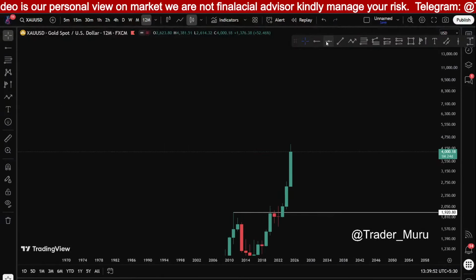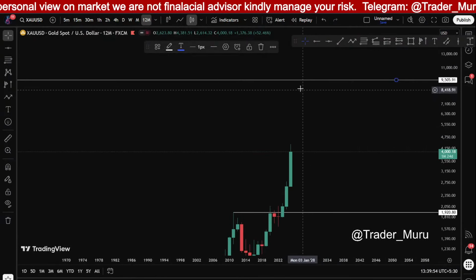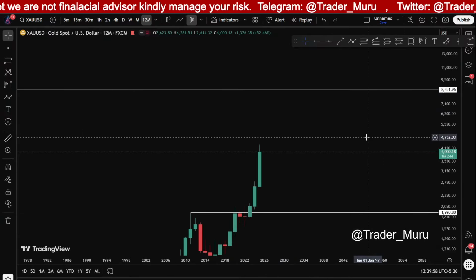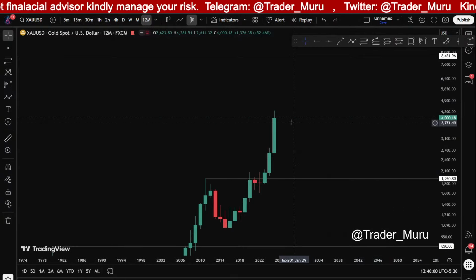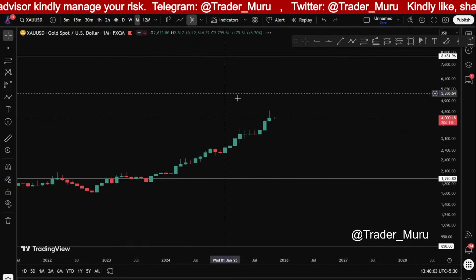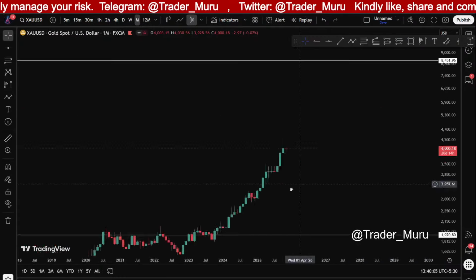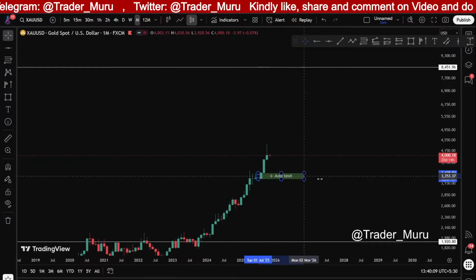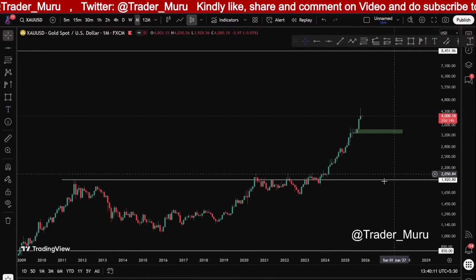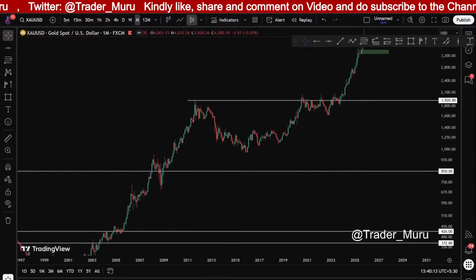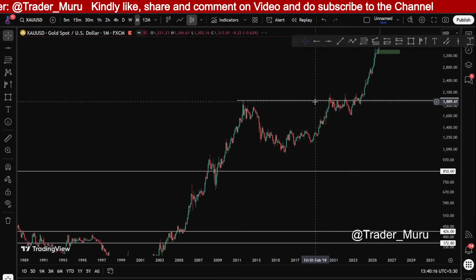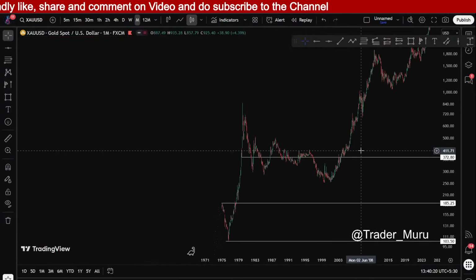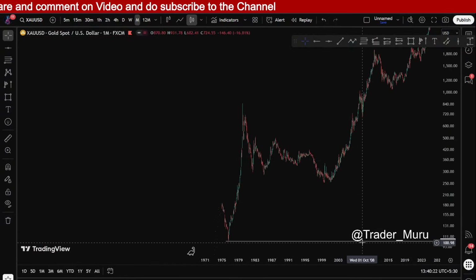So possibly near about this will be the new high if price holds that monthly time frame structure from here. How clear is this? But it's just an assumption, no clear sign here.